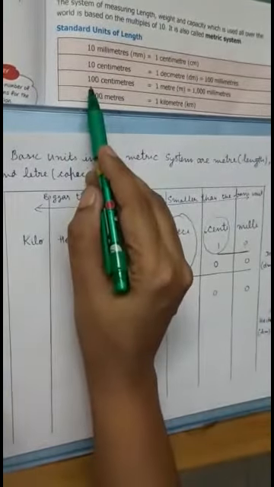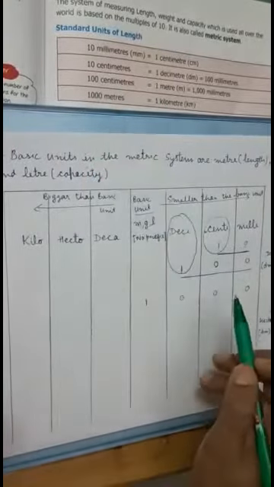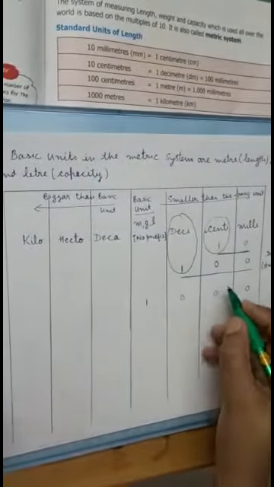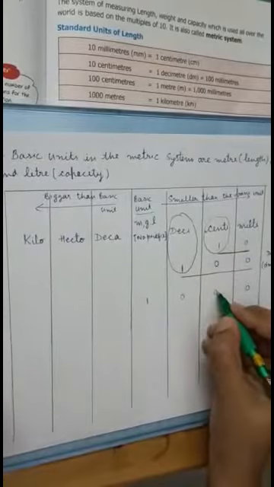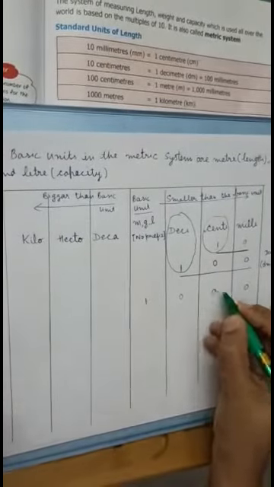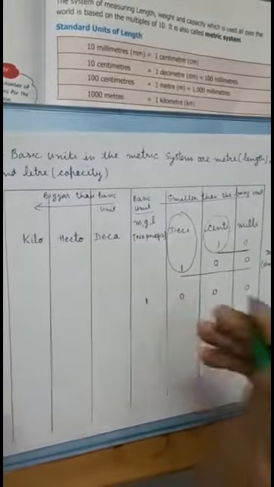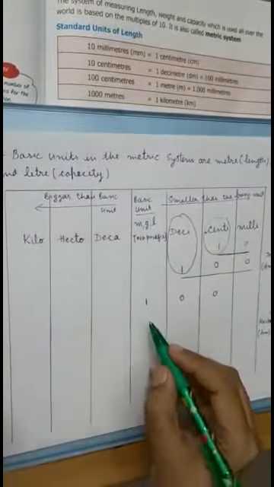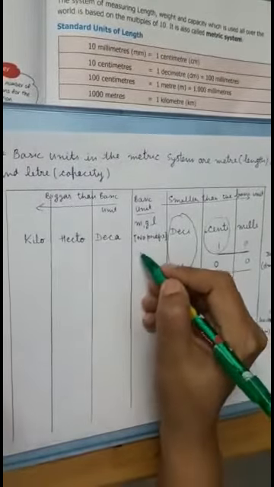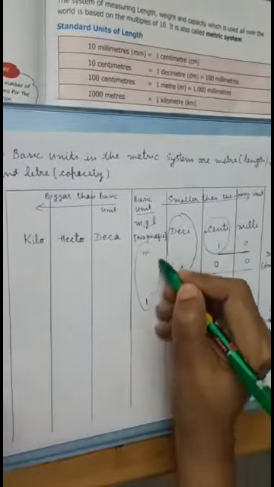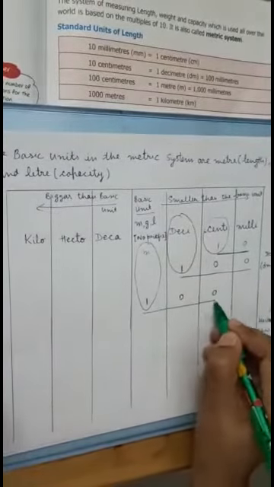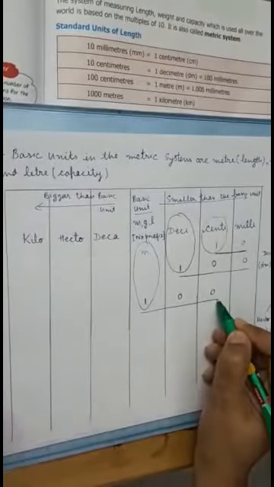Question is 100 centimeters equal to 1 meter. Now see, start from centi. So write first 0 here, second 0 here and 1 here. See, now 1 meter, here is meter. 1 meter is equal to 100 centimeter.